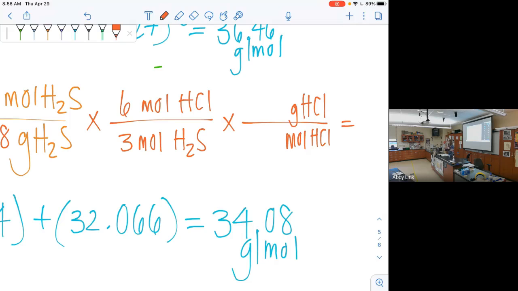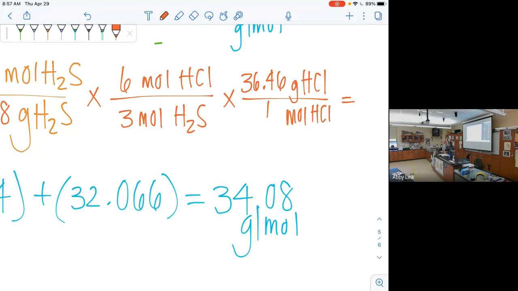You already calculated the molar mass for HCl for the first problem, so life is a little bit easier here. That molar mass is 36.46 over 1 mole. When I multiply that out and divide, I get 3 sig figs again, and I get 111 grams of HCl.